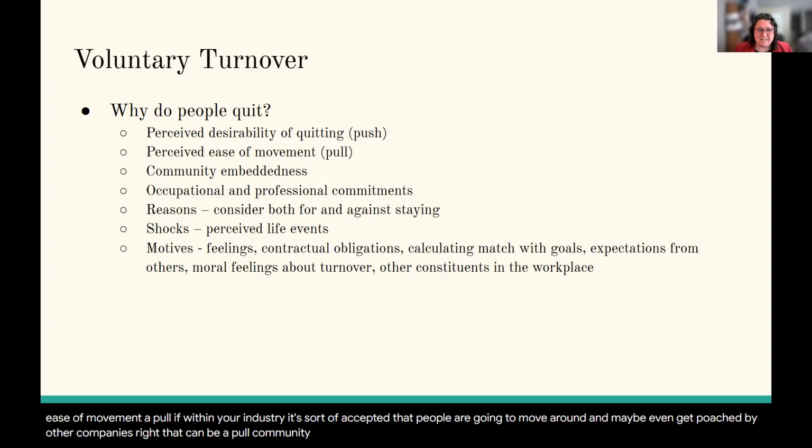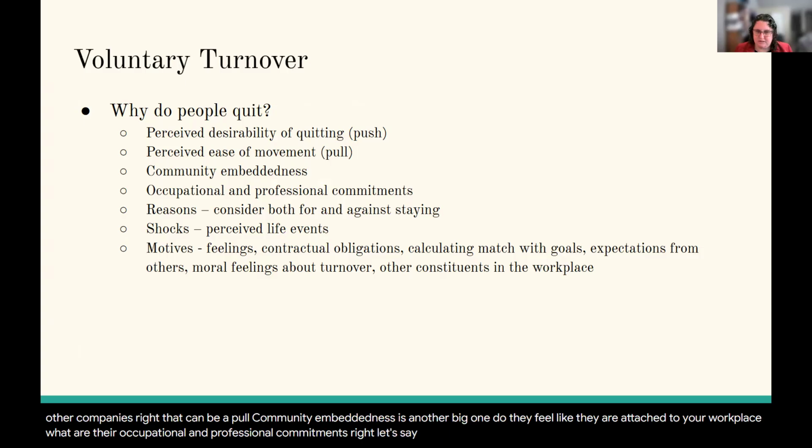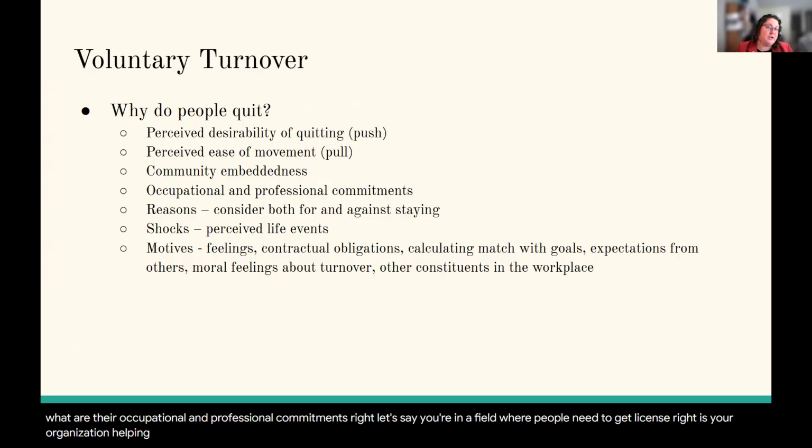Community embeddedness is another big one. Do they feel like they are attached to your workplace? What are their occupational and professional commitments? Let's say you're in a field where people need to get licensed. Is your organization helping them pay for continuing education credits, things along those lines?